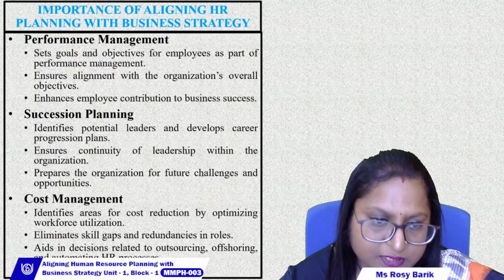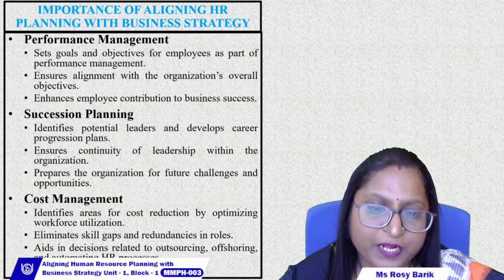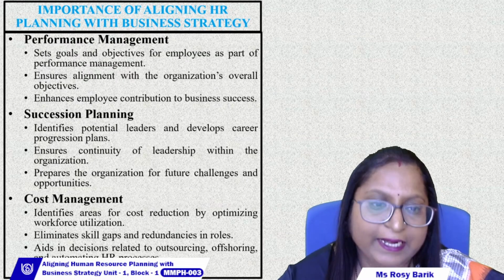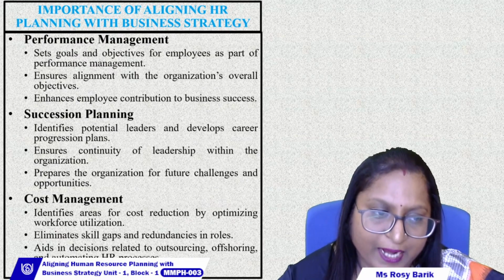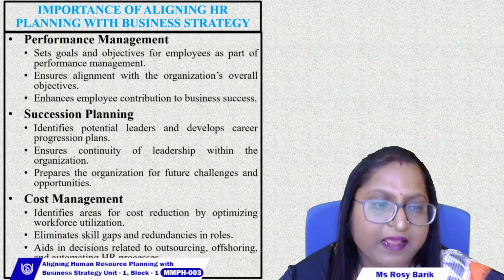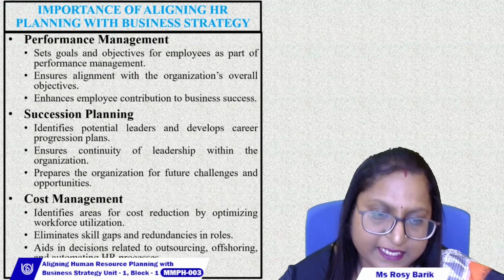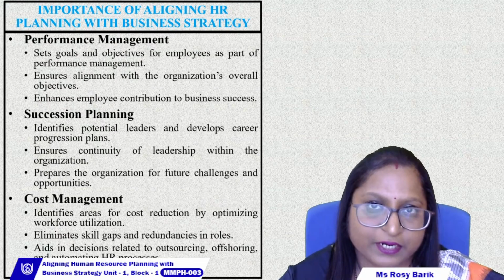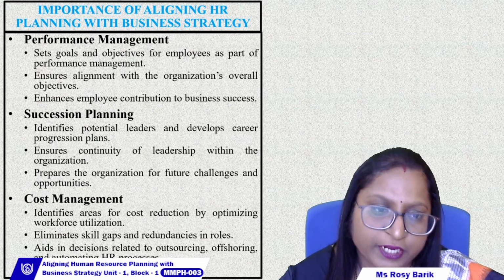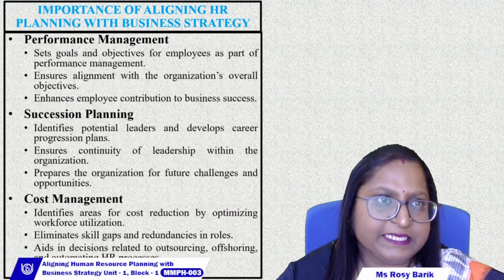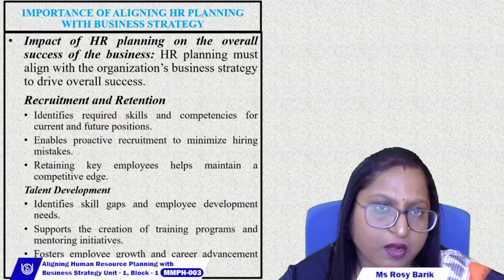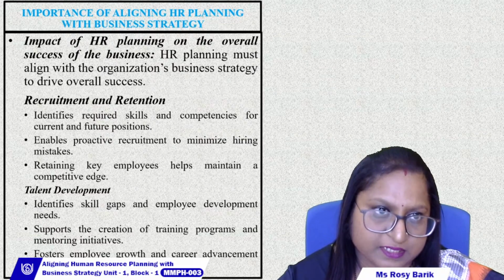This is the process in which the optimum utilization of workforce can be done, by identifying and eliminating skill gaps and redundancies in roles. So, these are the strategies or impact of HR planning on overall success of the business.